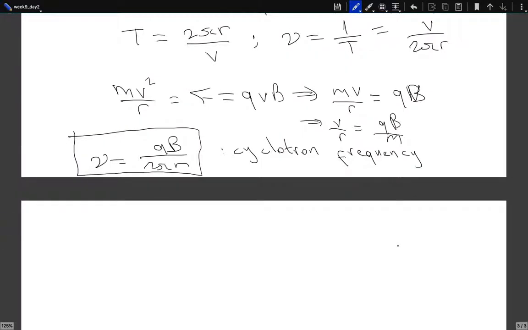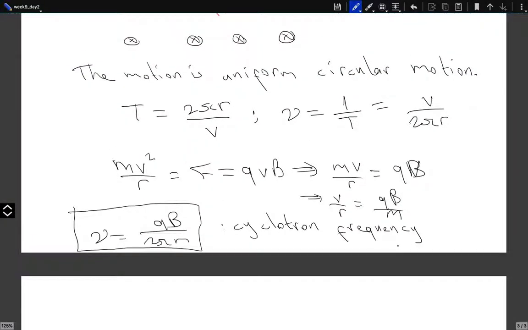The first particle accelerators, in fact, use this principle. Because the radius, you see, the reason why it's independent is this relation over here. Its radius is proportional to its speed.